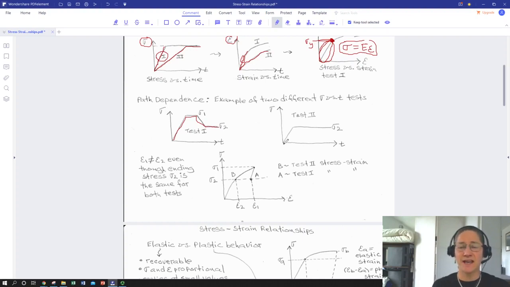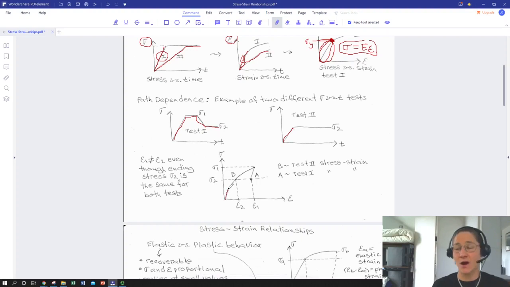Then I do another test where I ramp up the stress to that sigma 2, that stress that I ended on, but I never go up to the higher stress. I just stay at the lower stress, and I never go past that. If we were to plot both of these pathways on a stress strain curve, we would find that in the case of our first test, we would trace this path.